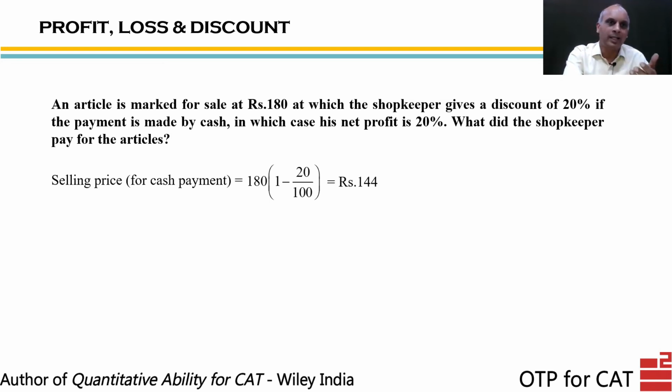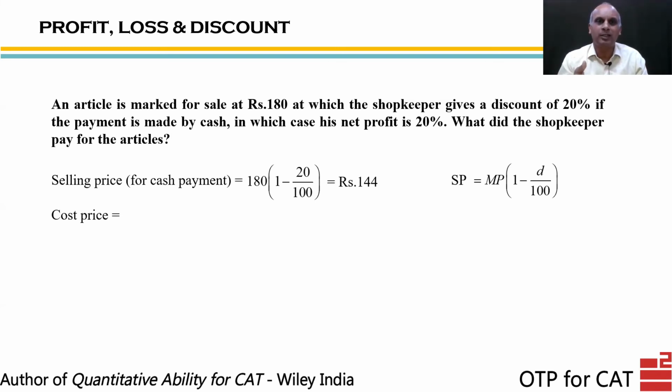And the question says that upon this sale, the net profit is 20%. So now I know that SP of the article is 144 rupees and the profit percent is 20%. So we can find out the cost price which the shopkeeper paid for the articles. So cost price will be SP divided by 1 plus profit percent by 100.